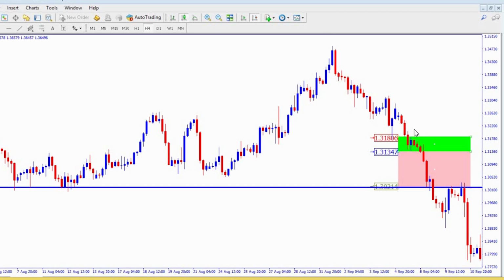I would have waited for this pattern, looking for it at the end of an uptrend, but you can see this is a downtrend and it gave me a good signal. This is the first signal, this is the second signal. It's a sign of a bearish reversal. So that is why I would have taken this trade here.